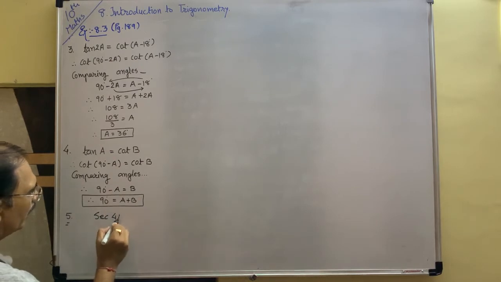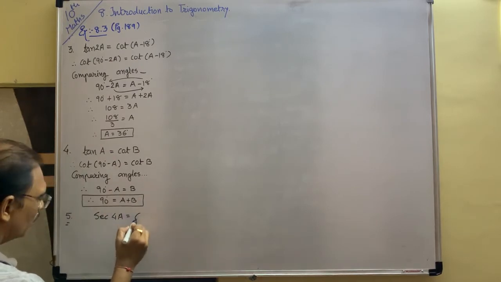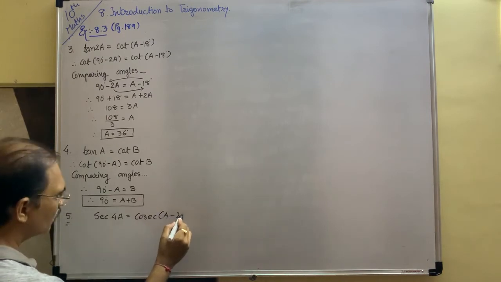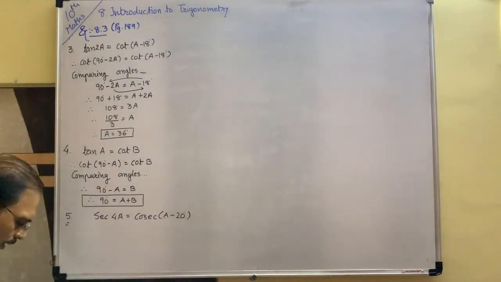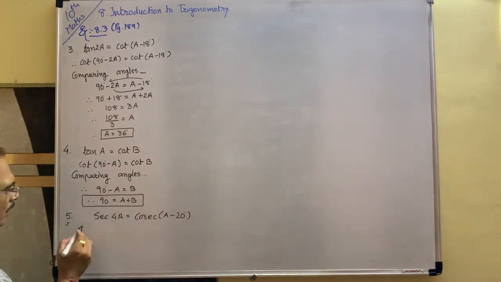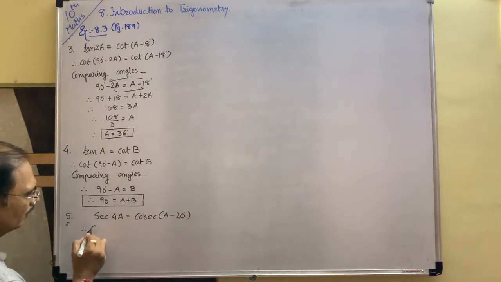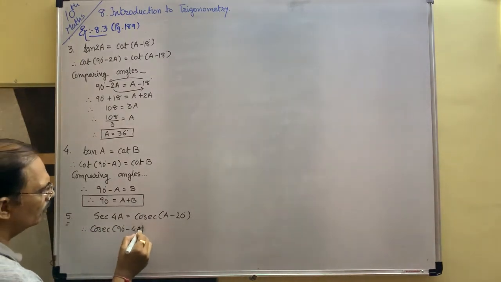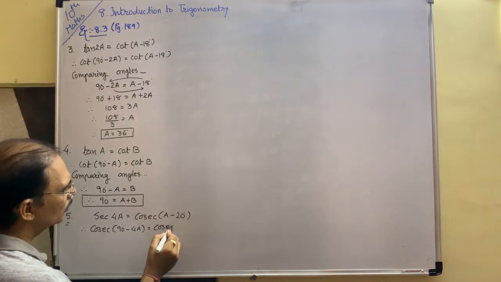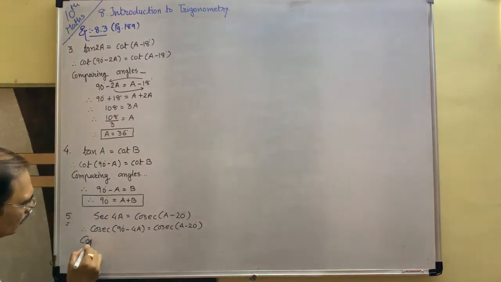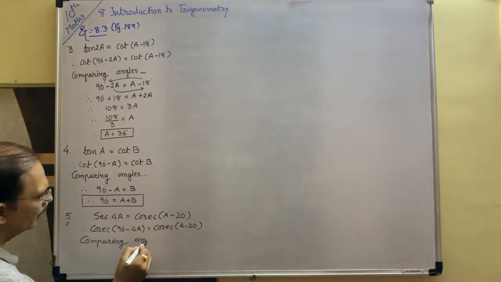Sec 4A equals cosec(A minus 20 degrees). Find the value of A again. So change any one. Sec theta means cosec(90 minus theta). Theta is 4A. That equals cosec(A minus 20). Now both are cosec. So comparing angles.